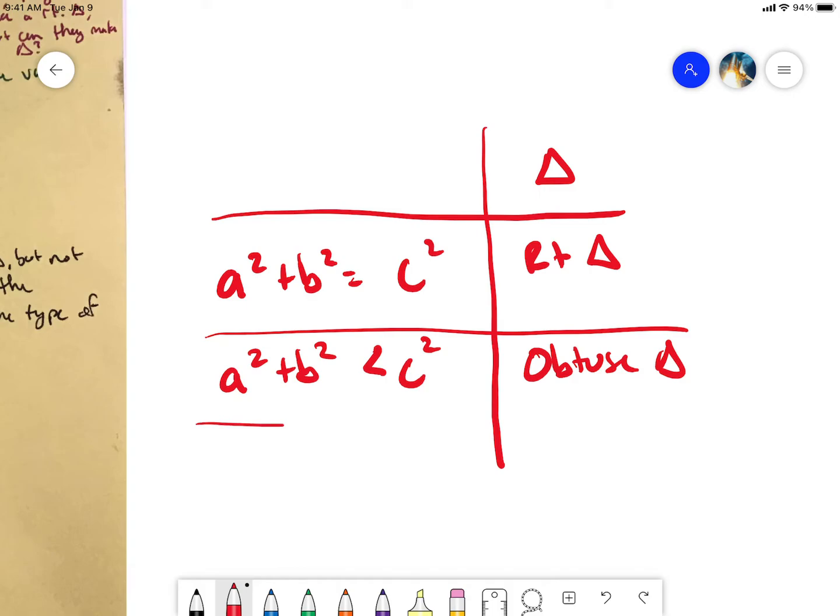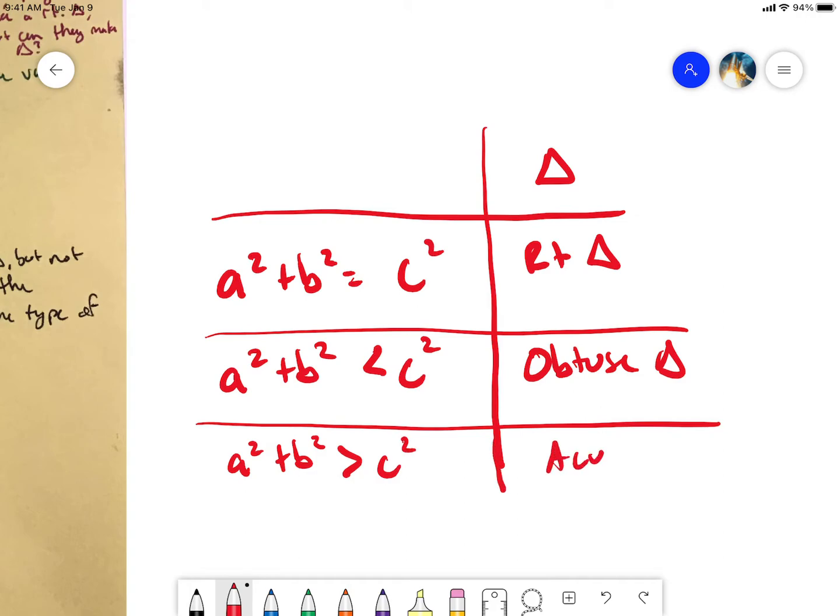And if a squared plus b squared is greater than c squared, this is an acute triangle. This table is a nice way to figure out which kind of triangle we're looking at, because it's the key idea behind all these Pythagorean ideas. This is what our lesson today was building up to, to develop these ideas.